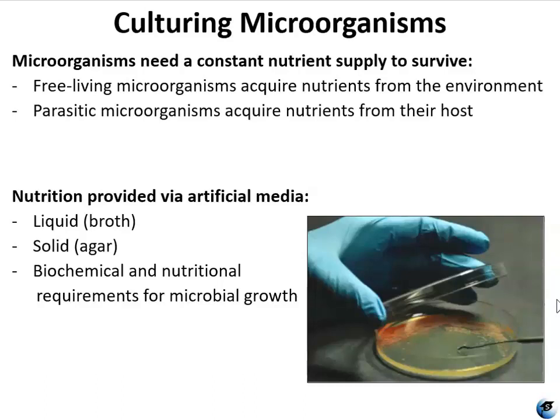To grow microbes in the lab, we use media, which is also called artificial culture media. The media contains the chemicals and nutrients that microbes need to grow. Media usually comes in a liquid form called a broth, or solid forms. Solid forms are going to be agar plates or slants or deeps.